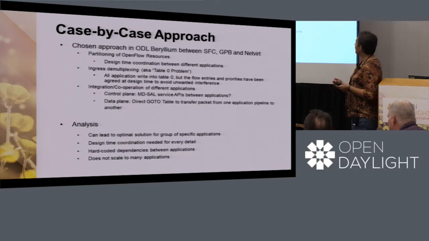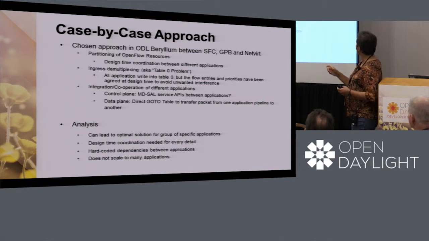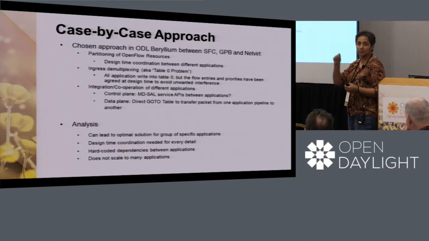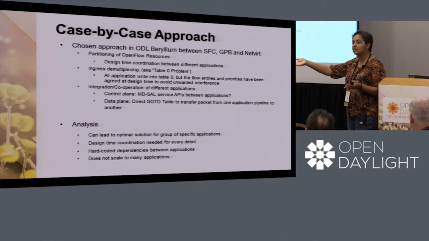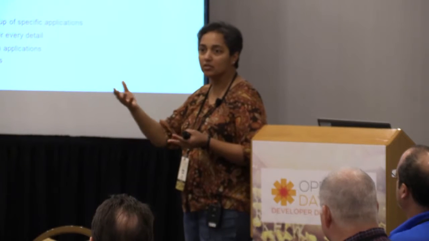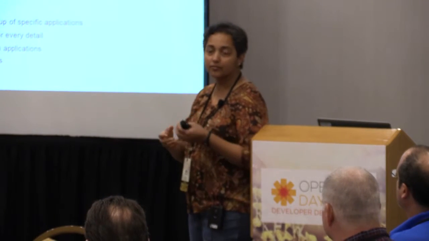At the control plane level, that entails service APIs between the applications themselves. In the data plane, you have direct transfers between application pipelines. Every application that hands a packet over from its own pipeline to the next needs to know what the next application needs and how to present the packet to it. So there is a lot of awareness between these applications that needs to be built in.